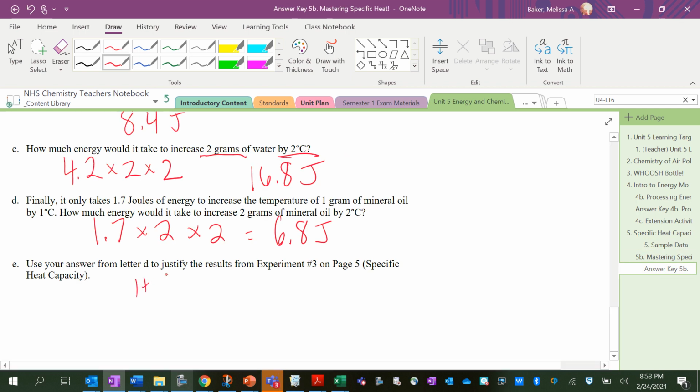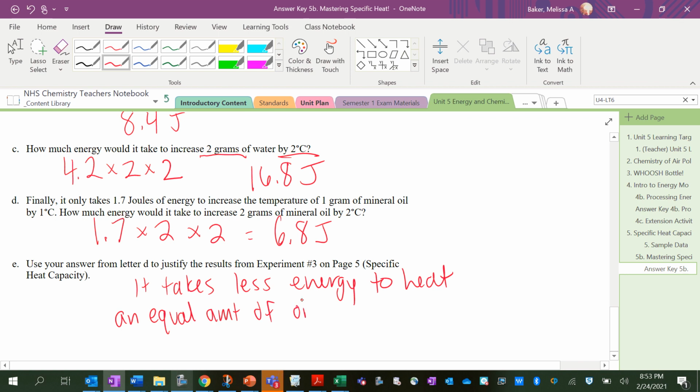So it takes less energy to heat an equal amount of oil as it does water, because oil has a lower specific heat.